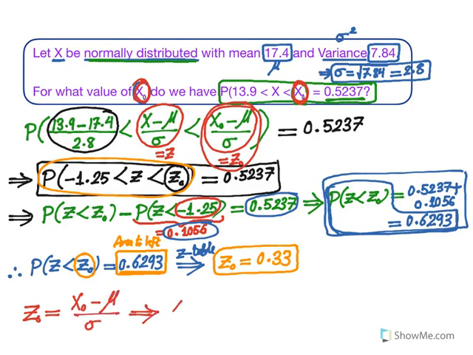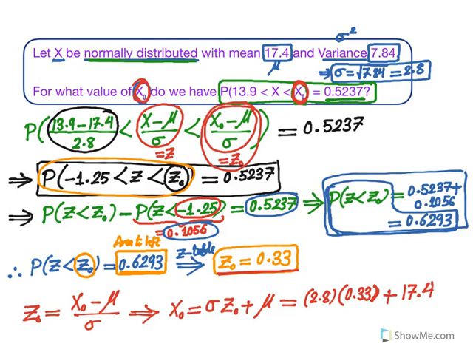And so this means that if you want to find x0, it's just the standard deviation times z0, simple algebra, plus the mean. Sigma for us is 2.8 times z0, we just found it is 0.33, plus the mean, it was given at the beginning, 17.4. And if you compute this on your calculator, you'll get 18.32 approximately. You'll get 18.324, but let's just do it to 2 digits.